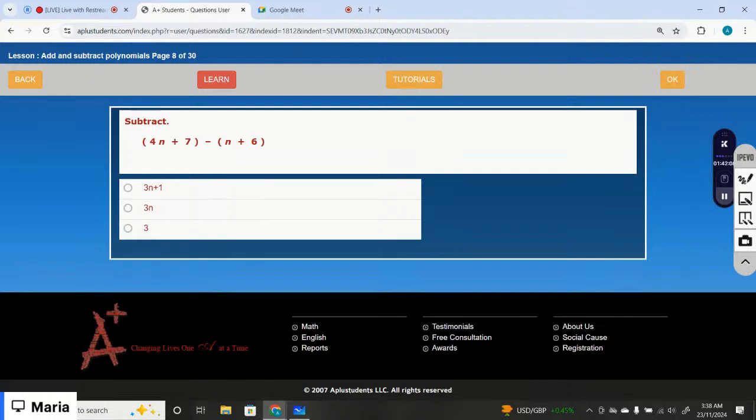4n plus 7 minus n plus 6. The correct option is 3n plus 1.